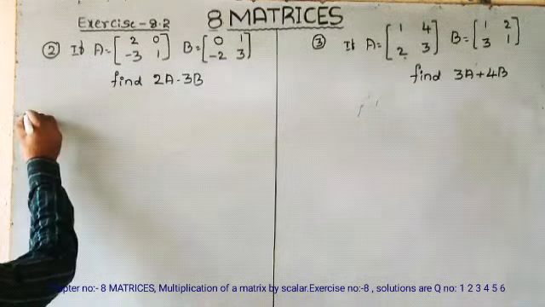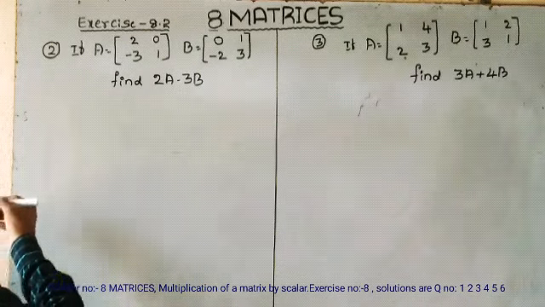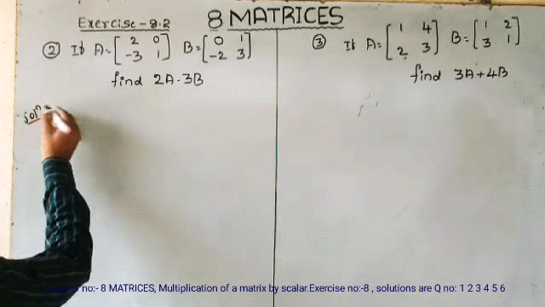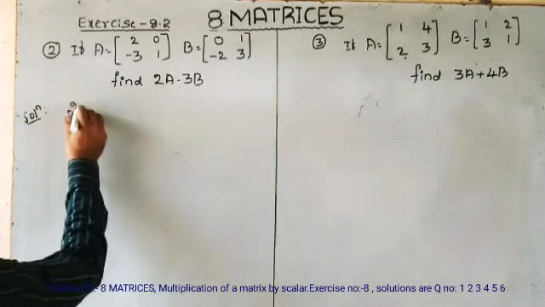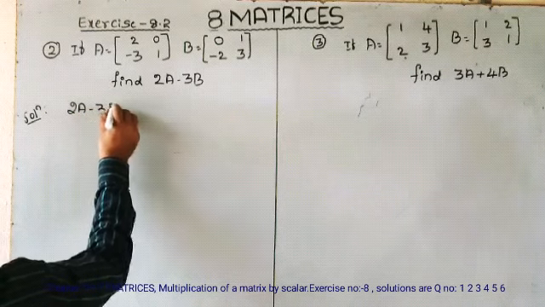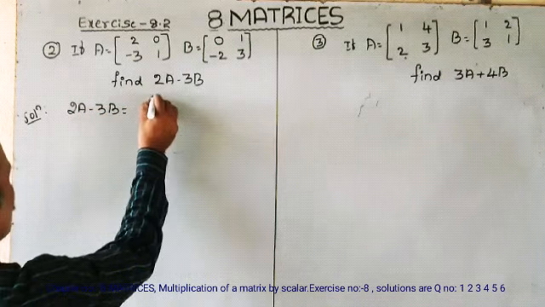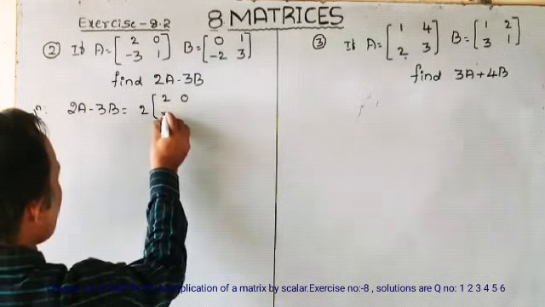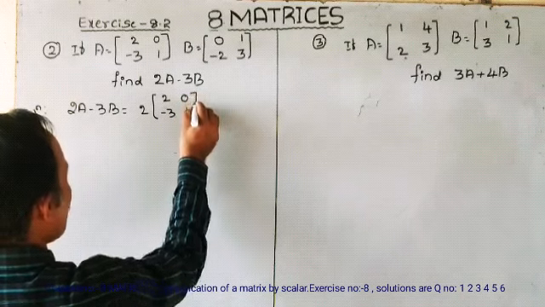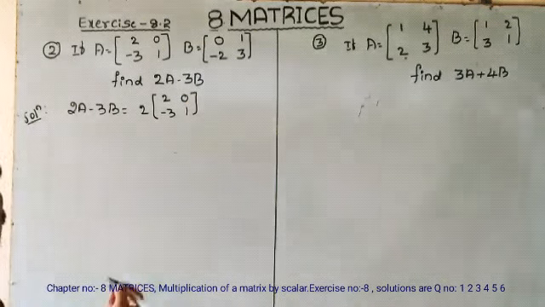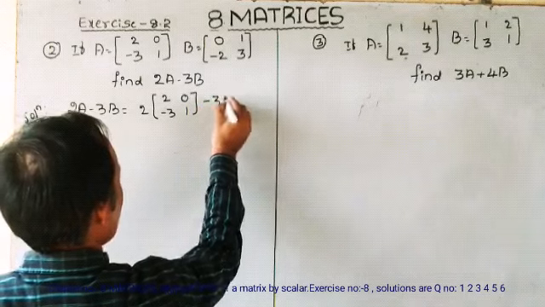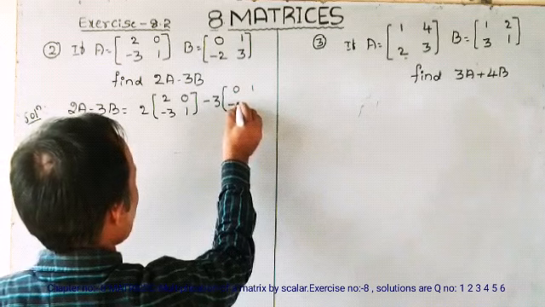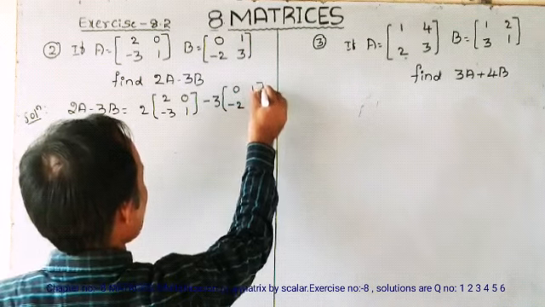Solution. 2A minus 3B is equal to 2 into 2, 0, minus 3, 1, multiplication of a matrix by a scalar, minus 3 into B, 0, 1, minus 2, 3.